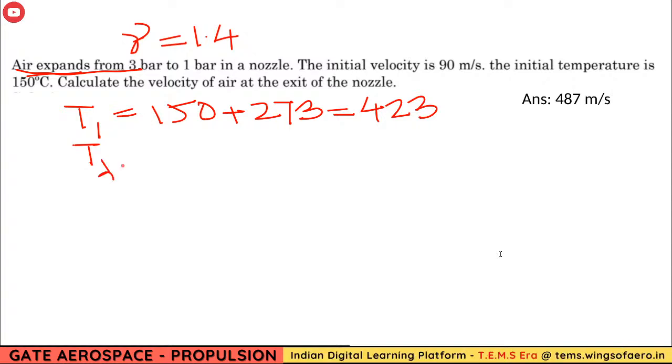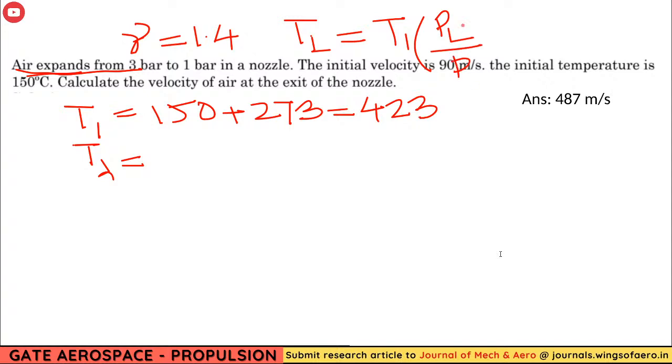Now, when you find T2, T2 becomes T1 times P2 by P1 to the power gamma minus 1 by gamma, which becomes 0.286.